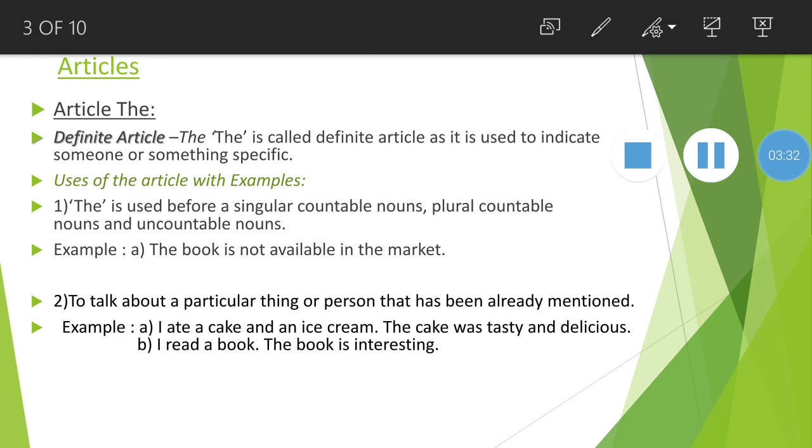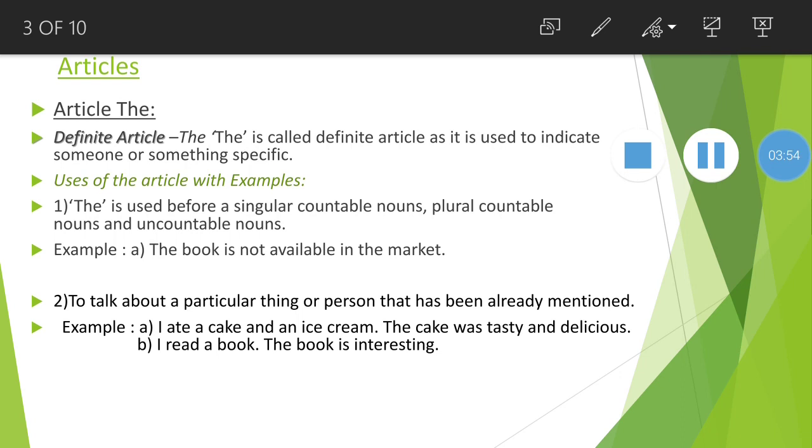Market also gives specific information here, that is, the market. In the market the book is not available. So before this noun we are using the article the.